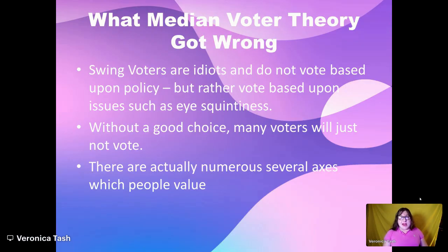It may be something like a handshake. It may be whatever issue they heard last, that's what they're going to vote on. It's going to be something very, very stupid, not well thought out, and they're fairly random.